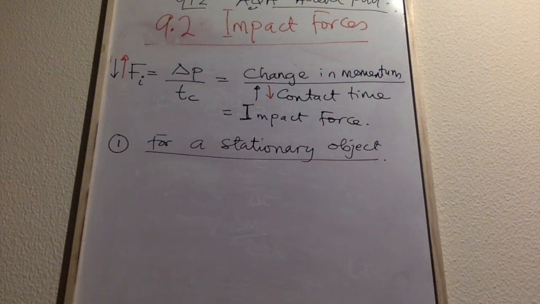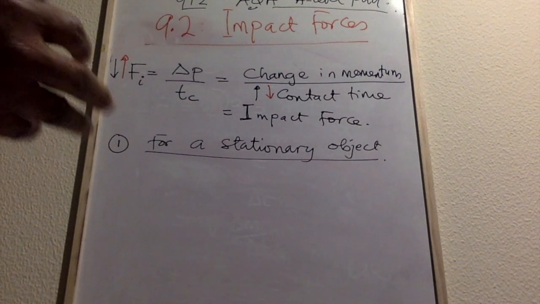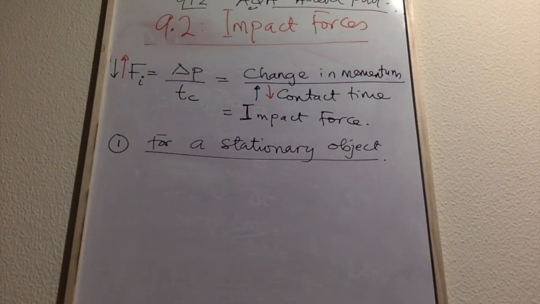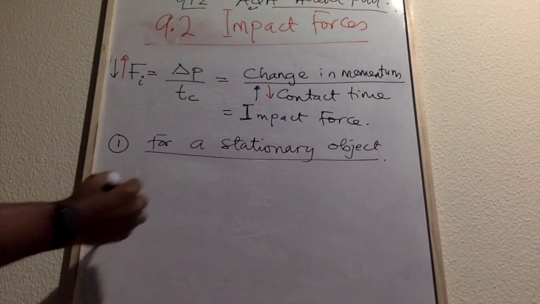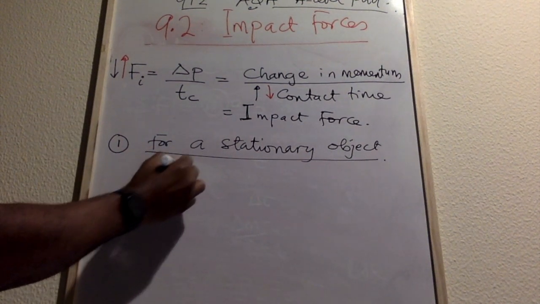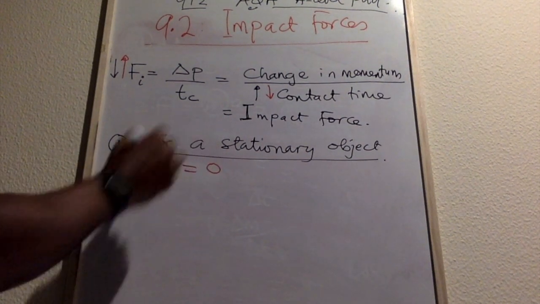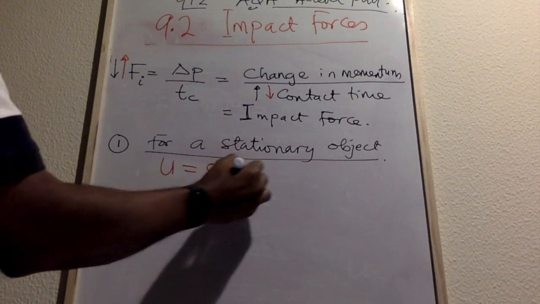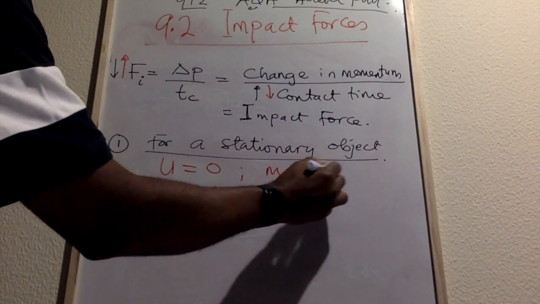We're going to look at the impact forces, the factors that affect them, and how we can manipulate the equation. The first thing to look at is, for a stationary object, we say that the initial velocity u is 0, even though the object has a mass of m.